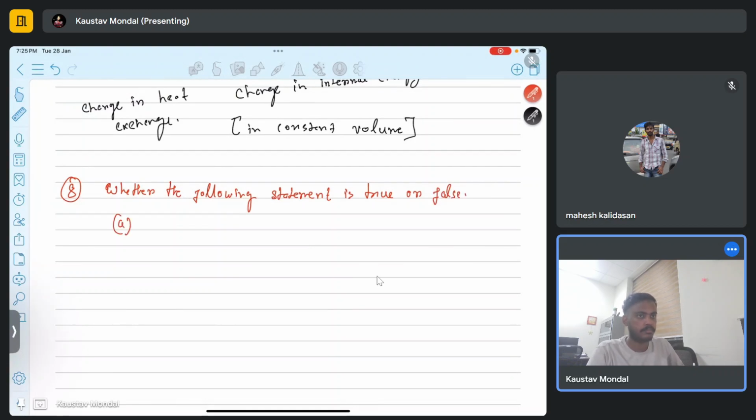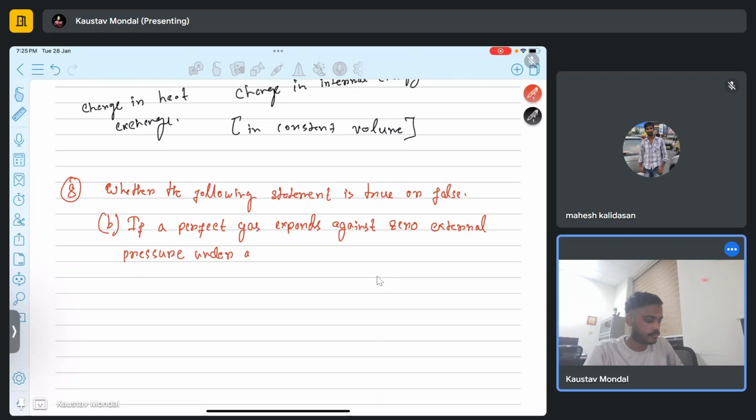And the statement is statement B, the previous problem statement was A. So if a perfect gas expands against 0 external pressure under adiabatic conditions, then its temperature falls.